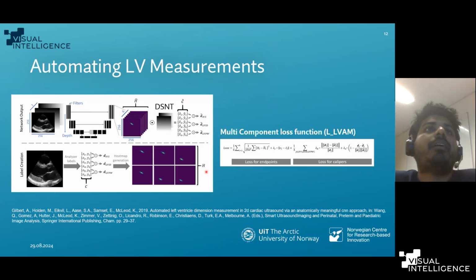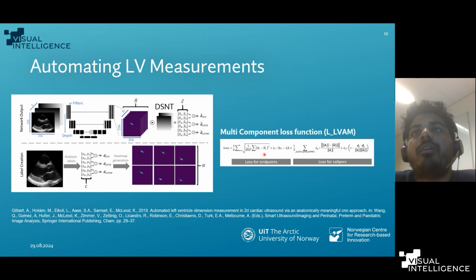So basically, for training the neural network, Gilbert et al. use a multi-component loss function to correct the location of the landmark.